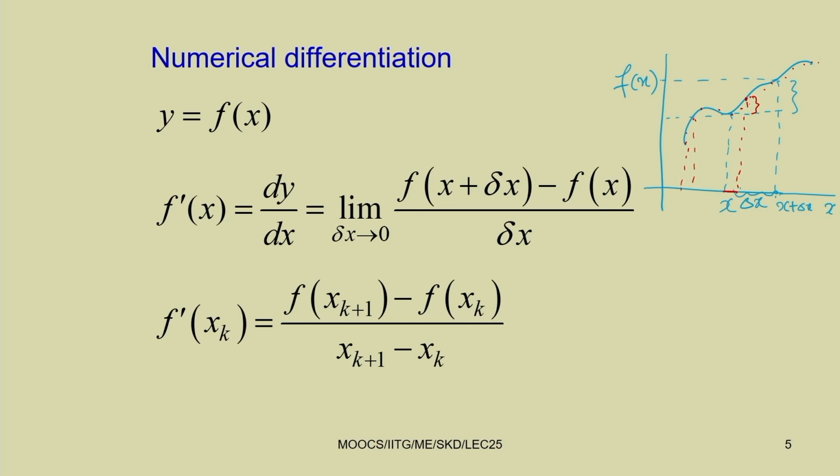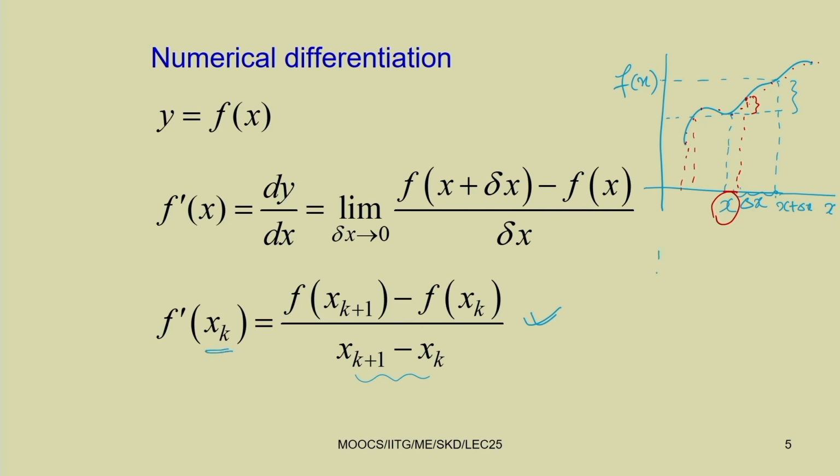So f dash x k, numerically, will be equal to f x k plus 1 minus f x k by x k plus 1 minus x k. This is nothing but our delta x, and this part is f x plus delta x minus f x. That way numerically we can first find all the values, and then for a particular position where we want to find this f dash x, we can find it.